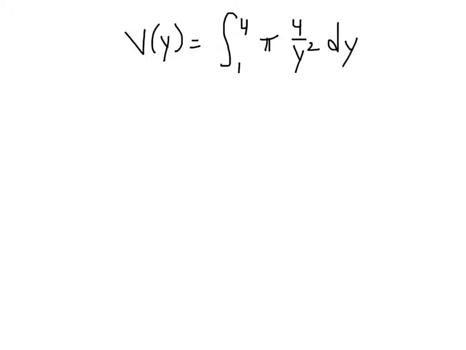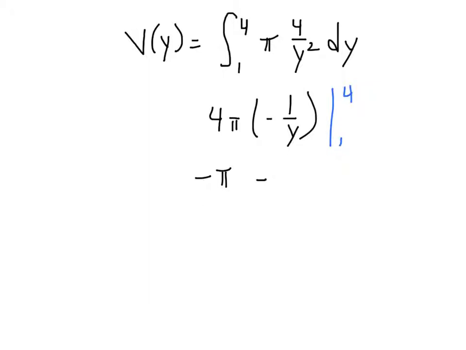From here, it's a simple antiderivative calculation. I'm going to factor out a 4 pi. And then the antiderivative of 1 over y squared is negative 1 over y. And we're going to integrate that from 1 to 4 like I mentioned. So when you plug in 4, you get 4 pi times negative 1/4, which is negative pi.